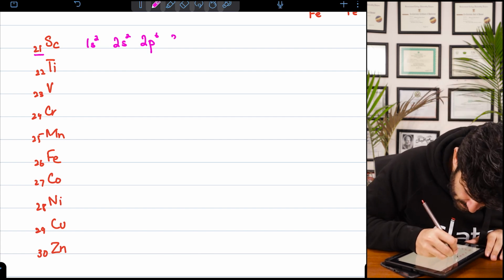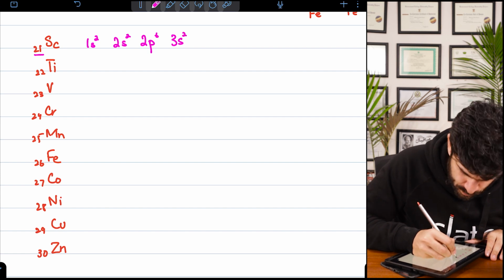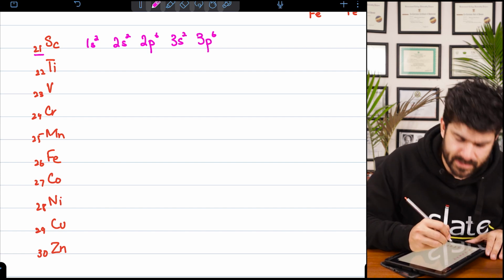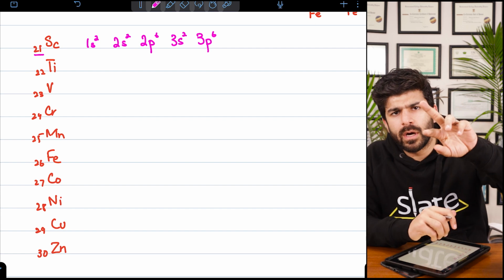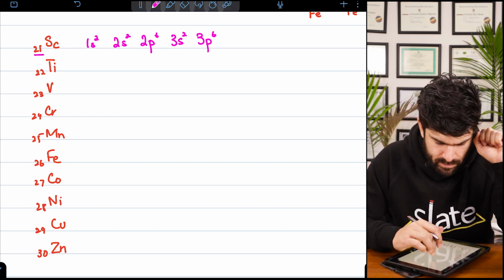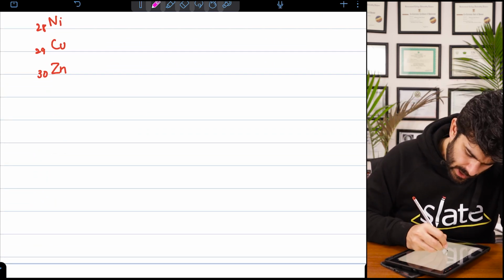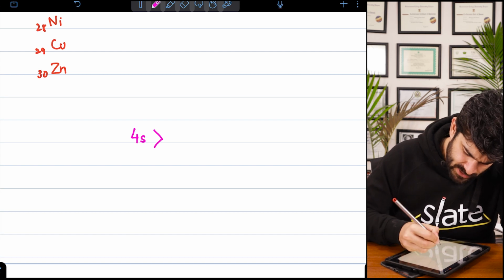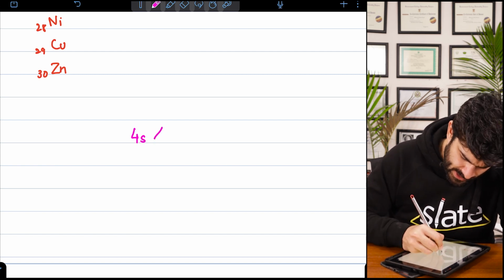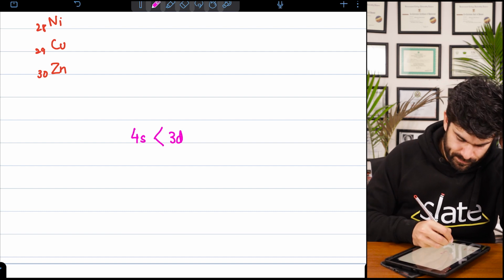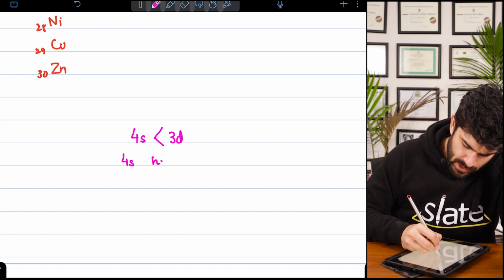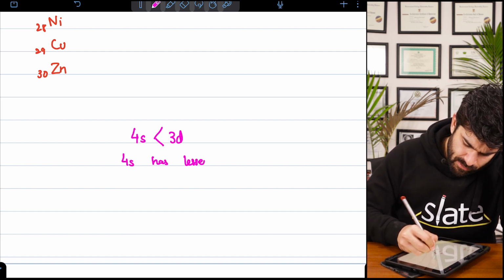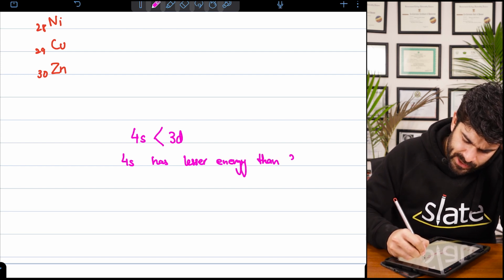2p6, 3s2, 3p6. Now, remember from AS that the energy of 4s is less than that of 3d, it has lesser energy than 3d.